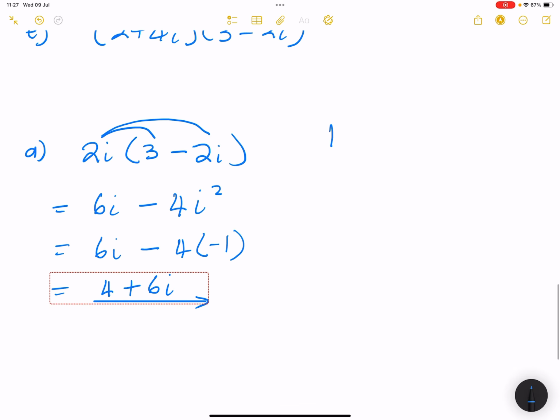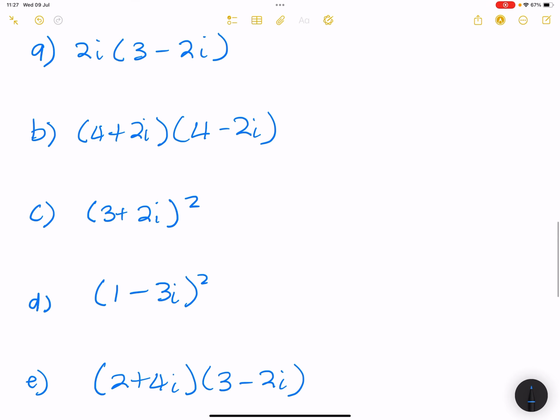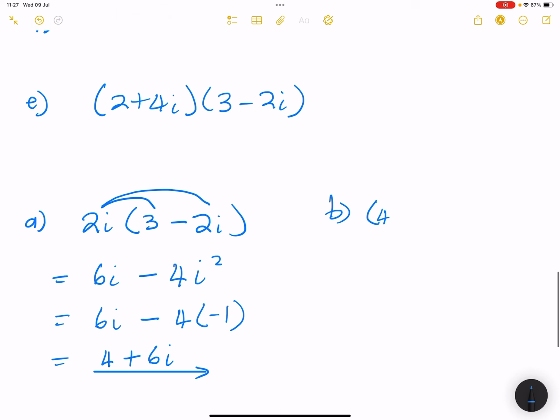Okay, let's go for B quickly. So we've got 4 plus 2i, 4 minus 2i. I'm sure many of you can already recognize this. Now, ladies and gents, whenever you have brackets that look exactly the same, that are multiplying each other, and the sign inside is different, we usually call this the difference of squares.